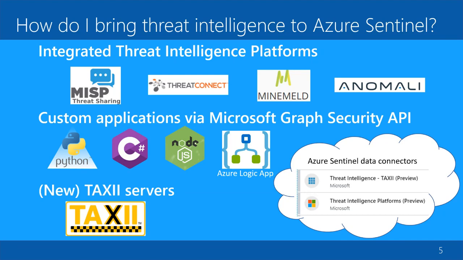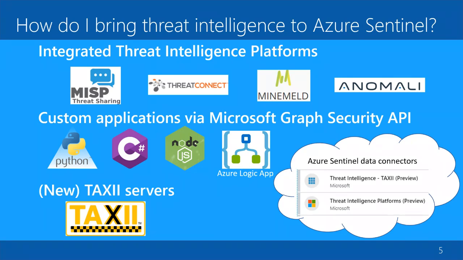But we've got an AlienVault OTX threat intelligence Azure Logic App example where they wrote a logic app that just uses the REST API connector to connect to AlienVault, pull in the threat intelligence, and use the built-in Microsoft Graph Security API threat logic app connector to push that back into Azure Sentinel. So it's a really good pattern to work with if you don't have a threat intelligence platform that is natively integrated with Azure Sentinel. And then lastly, we have the TAXII server connector.